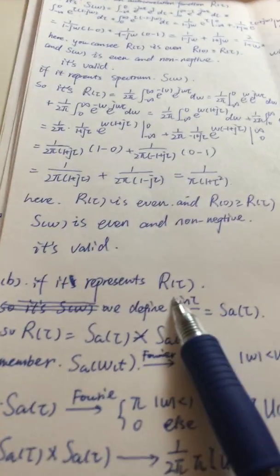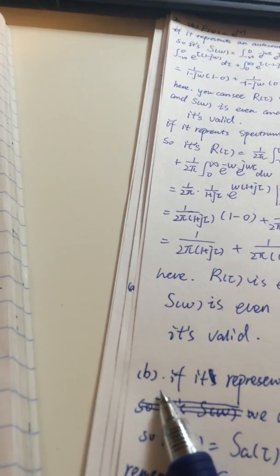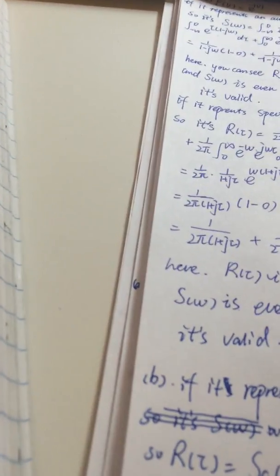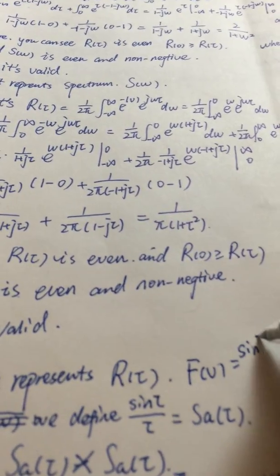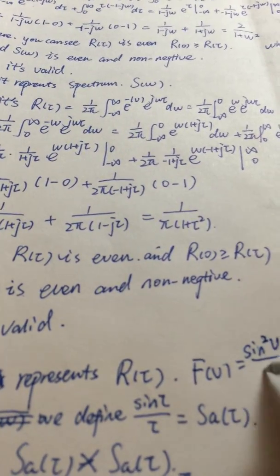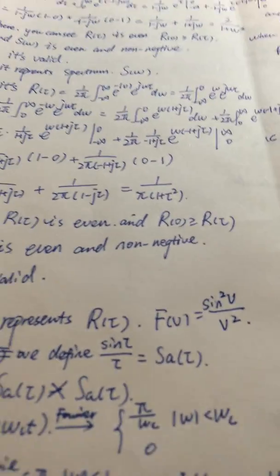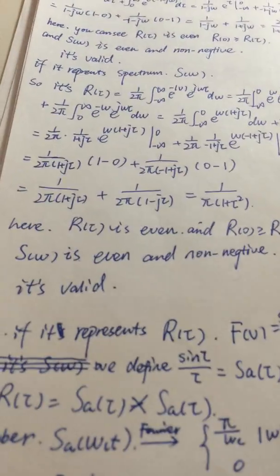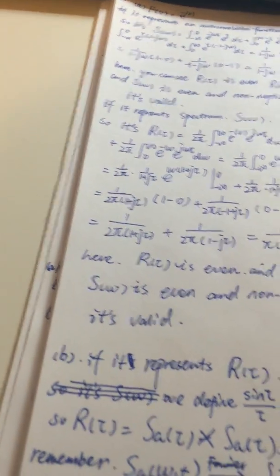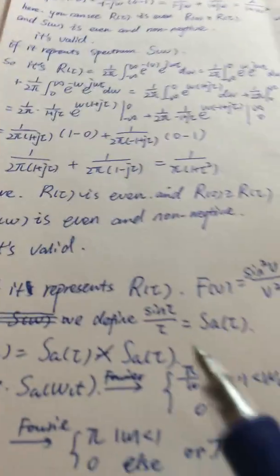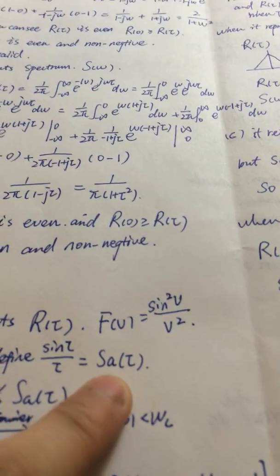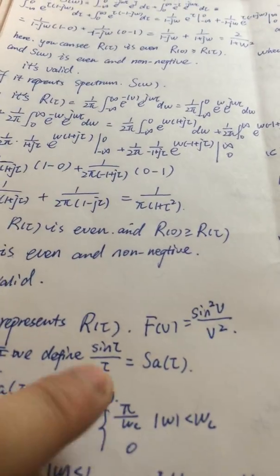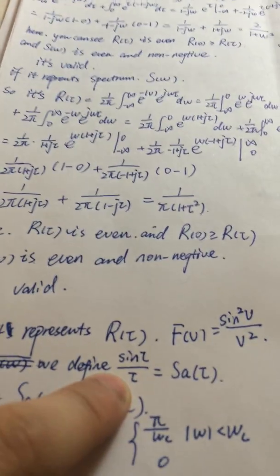Okay, part B. The f is like this. There is a trick, and it also has a physical meaning. First, we use this trick. We define a new function, Sa(tau), which is like this.